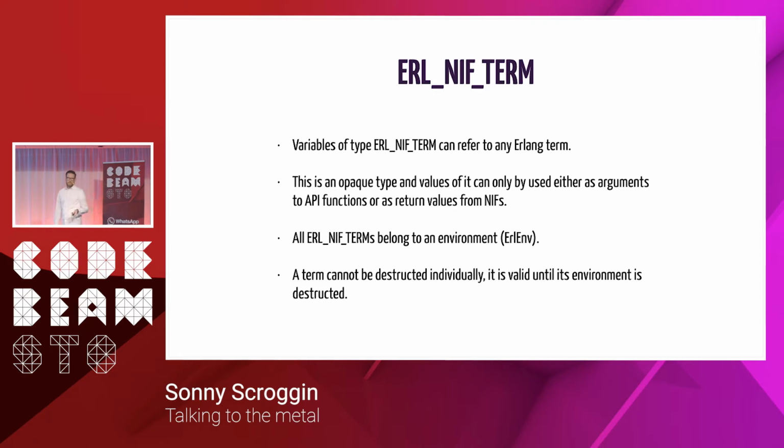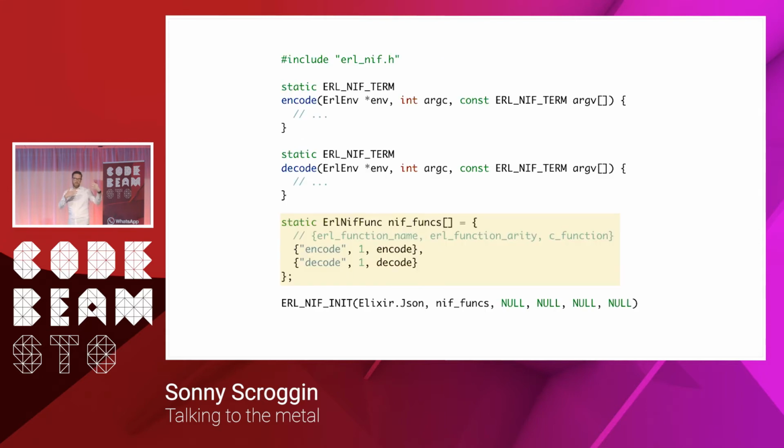This thing down at the bottom is how you export your NIF, how it loads, and how the functions in your NIF actually go into the actual functions inside of your BEAM code. You have this ErlNifFunc array of structs, which each just maps the two together.